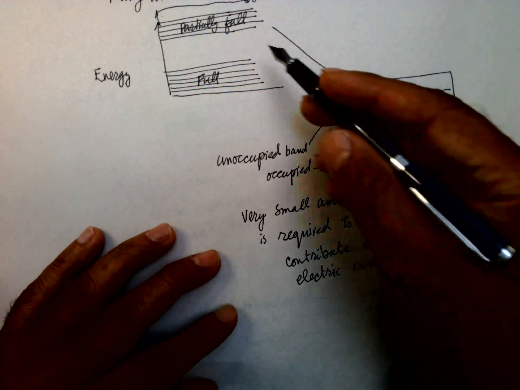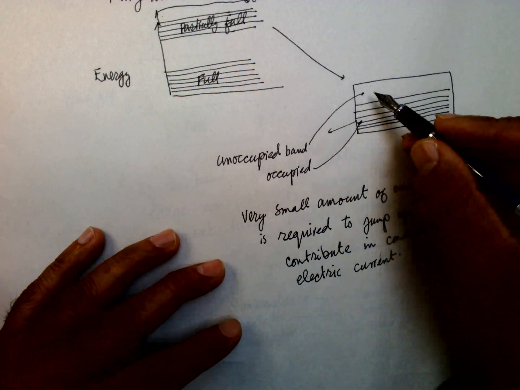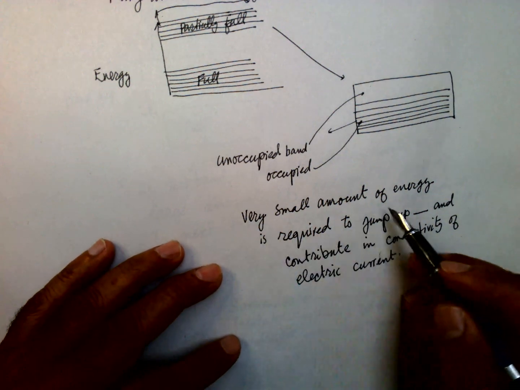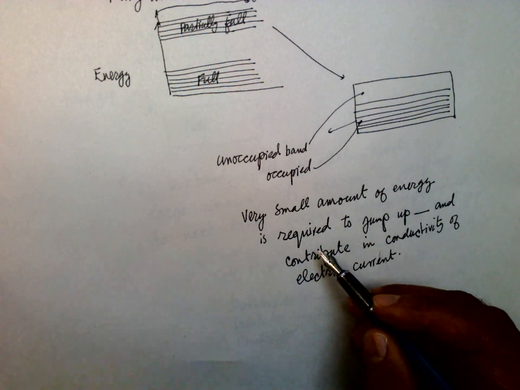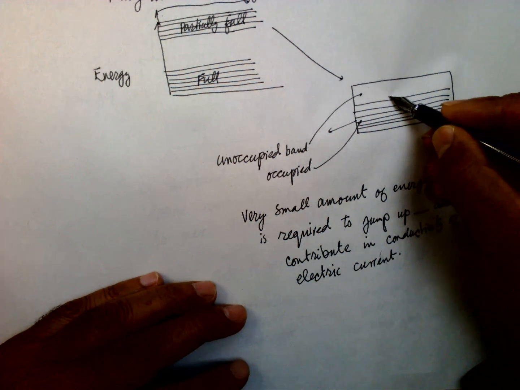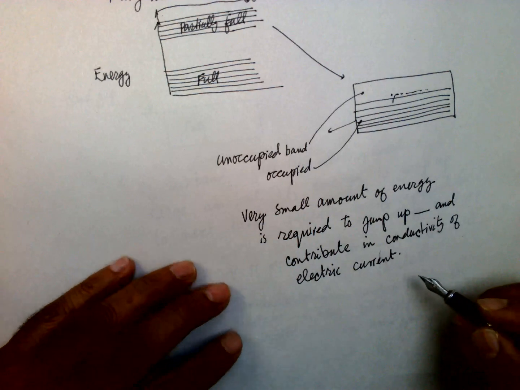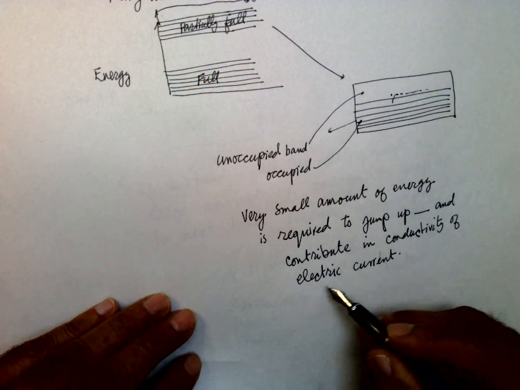In a partial band, some states will be occupied and some unoccupied. A very small amount of energy is required to jump to this level, so electrons can move and contribute to the conductivity of electric current.